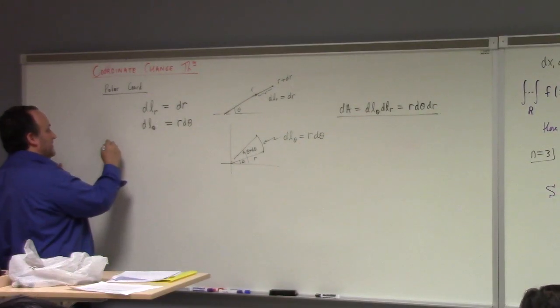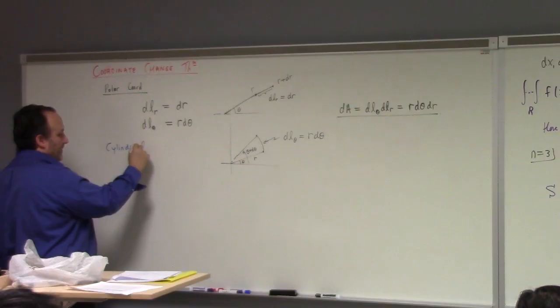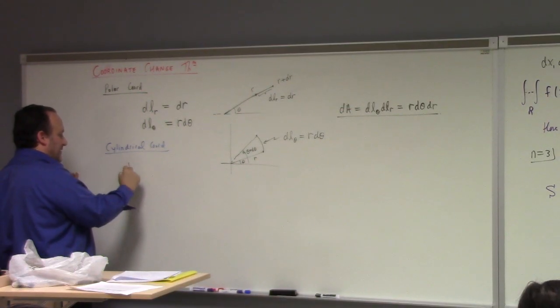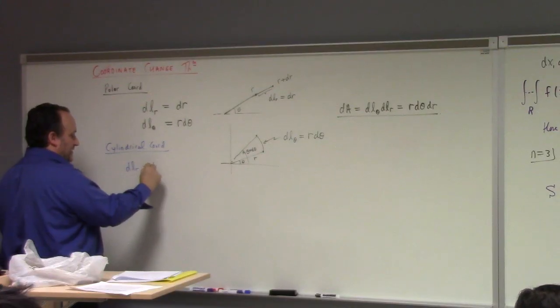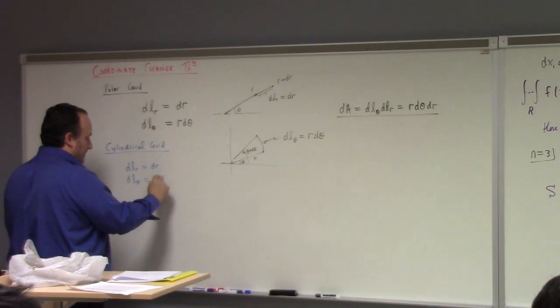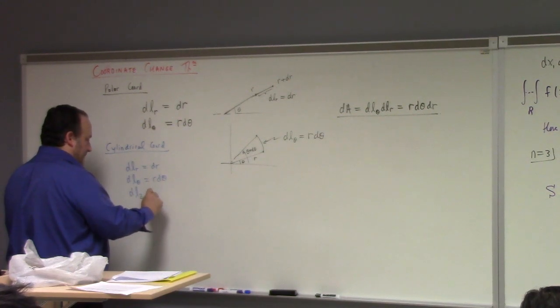But this is almost the same thing for cylindrical coordinates. I won't draw the picture, but I think you can see that dl_r is still dr, dl_theta is r d theta, and what's dl_z? Just dz.